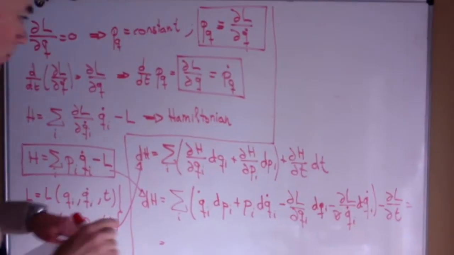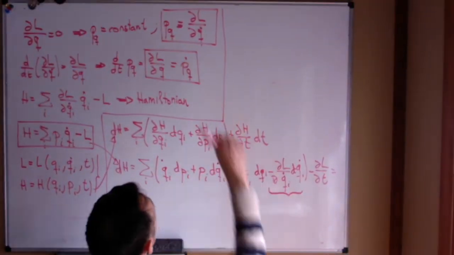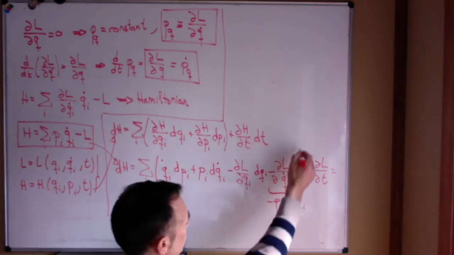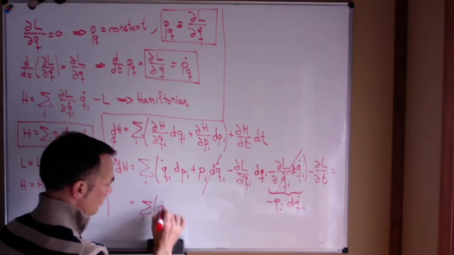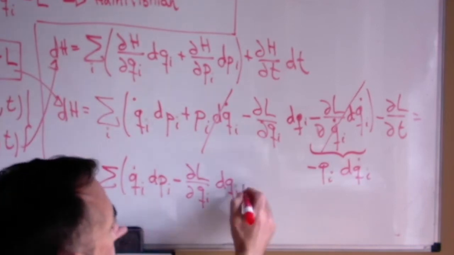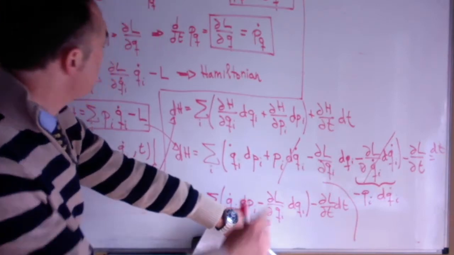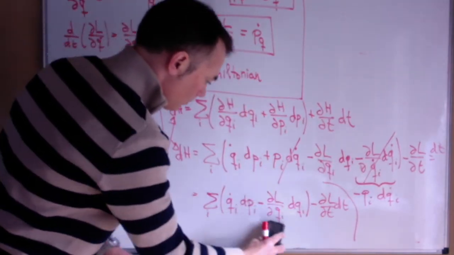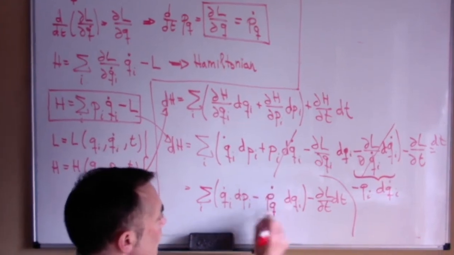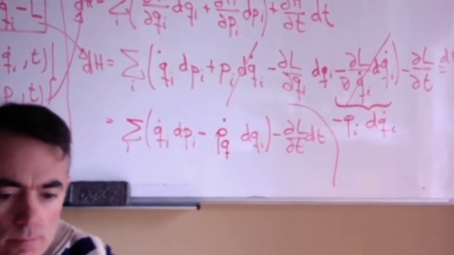Using here the definitions of the generalized momenta and their derivatives, two terms cancel and we write this as dH equals the sum of q dot dp minus p dot dq minus the partial of L with respect to time dt.